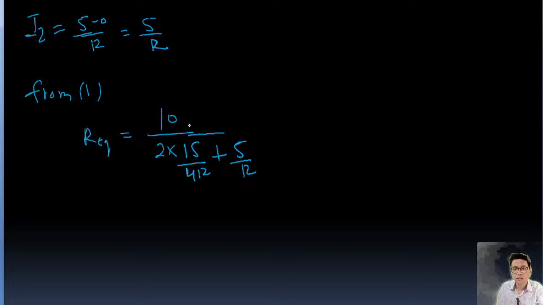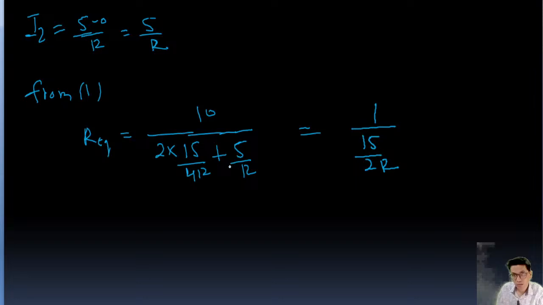We'll solve it, a very simple calculation. This is going to be 10 upon 15 upon 2R, since the 2 cancels with the 4, plus 5 upon R. So this value is going to be 2R upon 25.